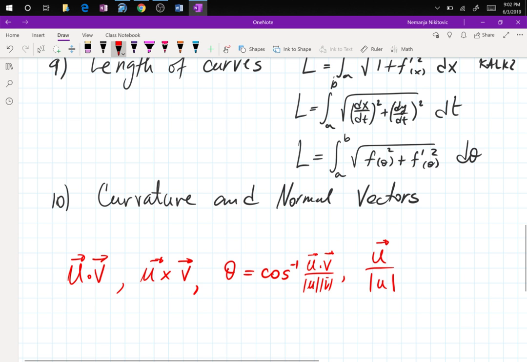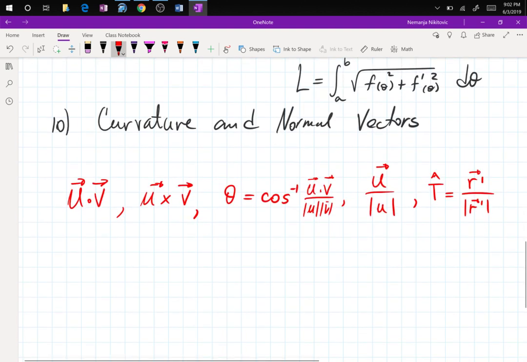So being able to figure out the unit vector is extremely important. Making sure you know that your tangent hat, right, is r vector prime divided by the magnitude of r vector prime. Then you have the normal vector formula, which is the derivative of the tangent vector divided by the magnitude of the derivative of the tangent vector. So that's the normal one.